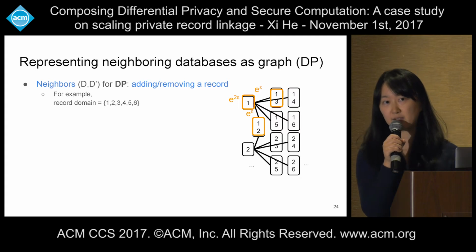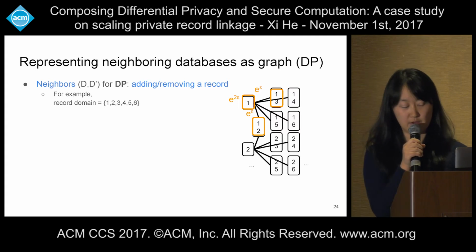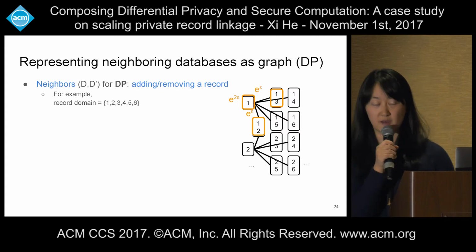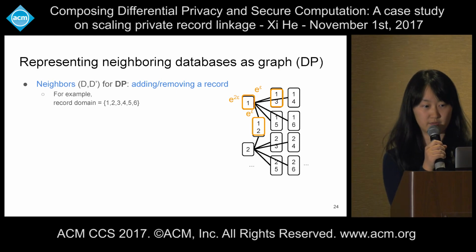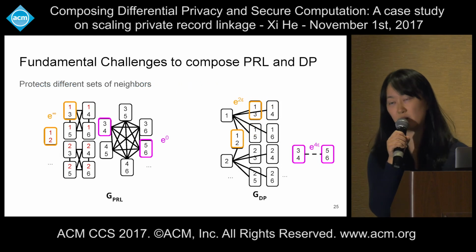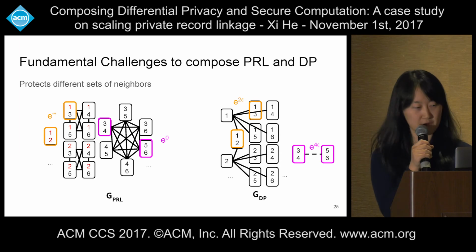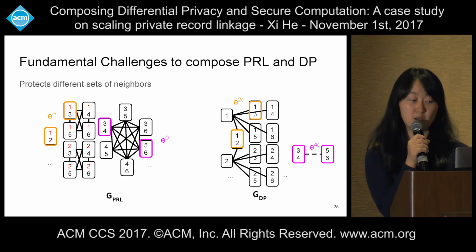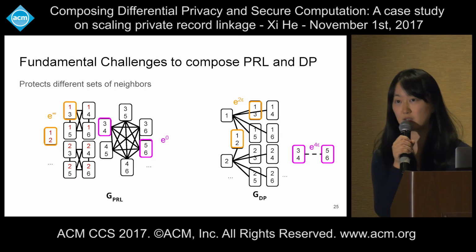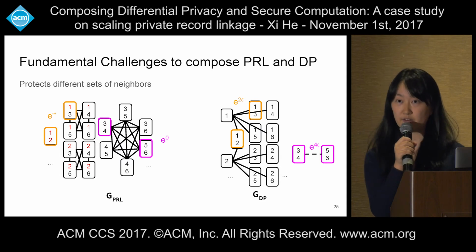And for a pair of databases that are slightly further away, the probability to distinguish between them is going to be larger. And now you put these two neighboring database graphs together, right? You can see actually PRL and differential privacy protect different sets of neighbors.